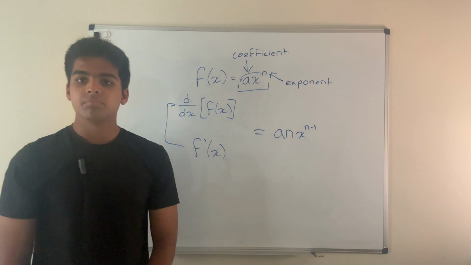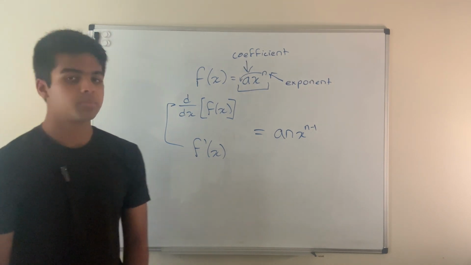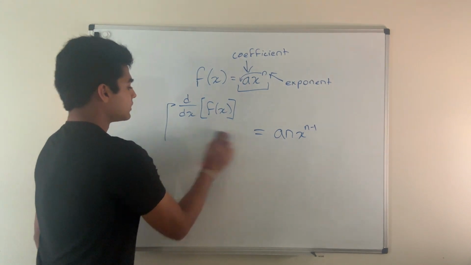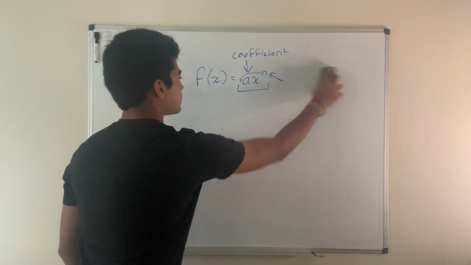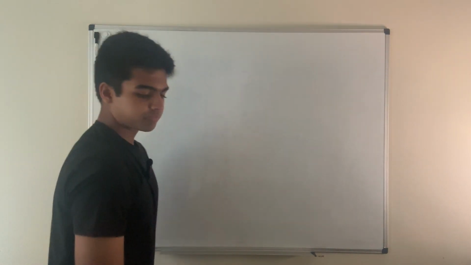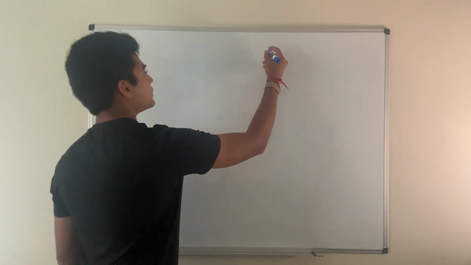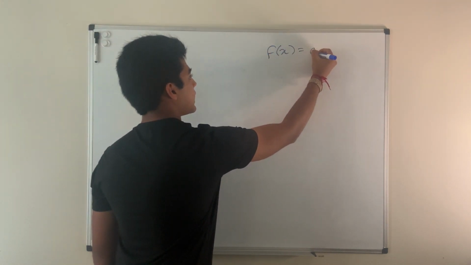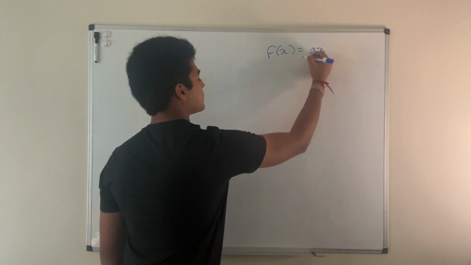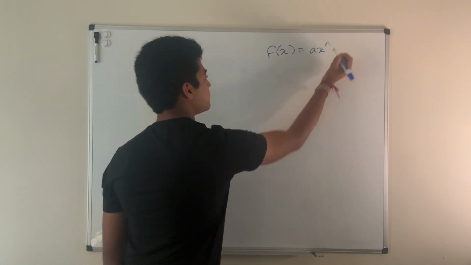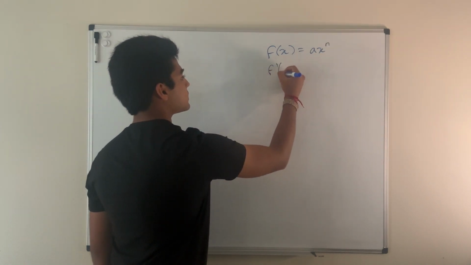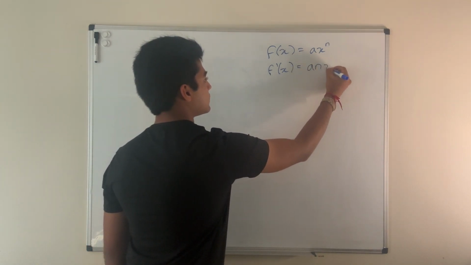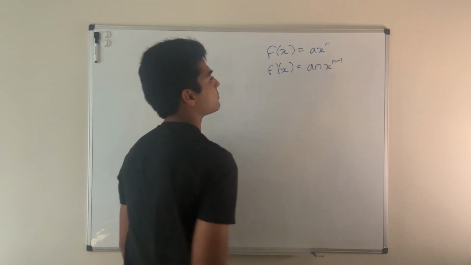I know that doesn't really look like much right now, but let's do an actual example and I'll show you what I mean. So I'll write the power rule in the corner so we know what we're doing. We have f of x equals a times x to the n, and f prime of x equals a n times x to the n minus 1.